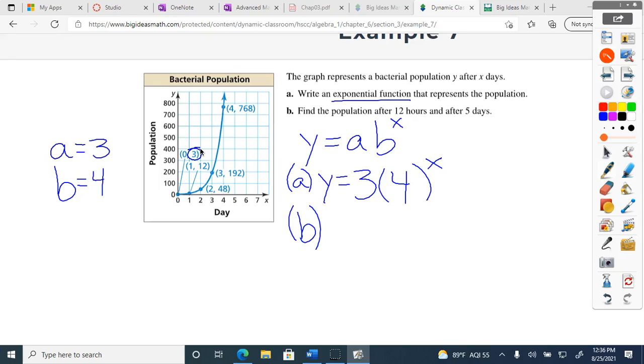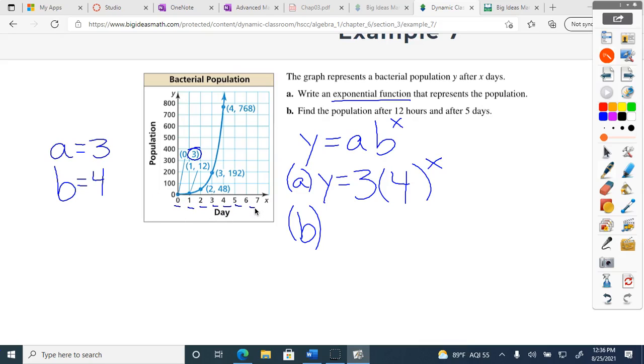Part B. Find the population after 12 hours. So what am I going to plug in for x to represent 12 hours? What are these down here?